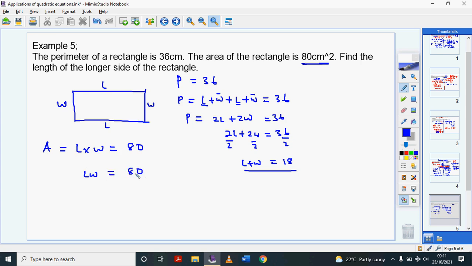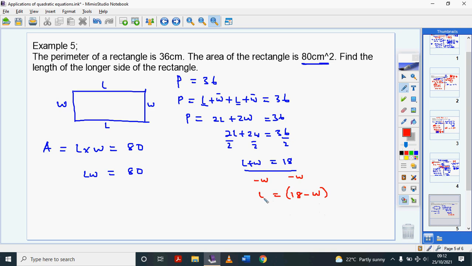Now I'm going to do some interesting substitution that you guys might think is so difficult, but just hold on for a second. From this equation, I'm going to make L the subject. So if I make L the subject, that means I'll subtract W and subtract W and have L is equal to 18 minus W, right?